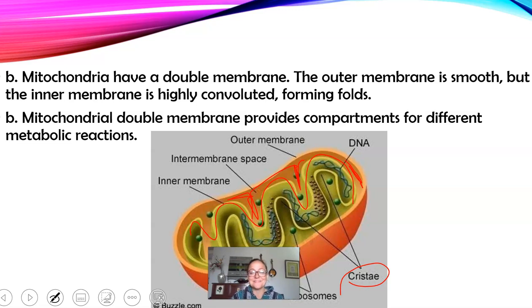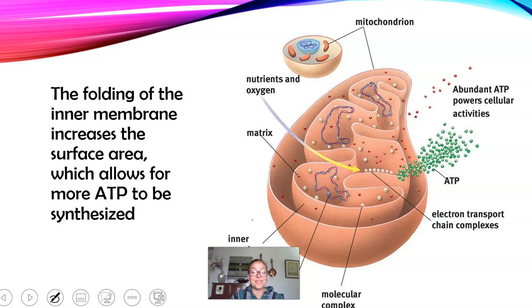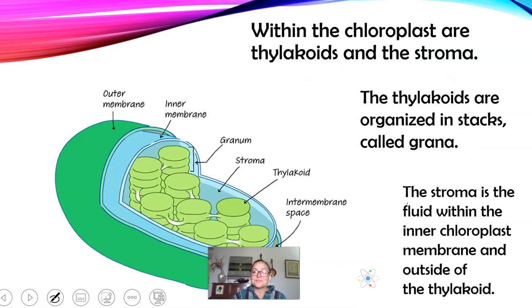Now that folding of the inner membrane increases the surface area to allow more ATP to be made. I like this picture because it's just pretty. And then here's those plasmids, and here you can see all the ATP being made from ATP synthase on that inner membrane. So now hopping back to the chloroplasts.